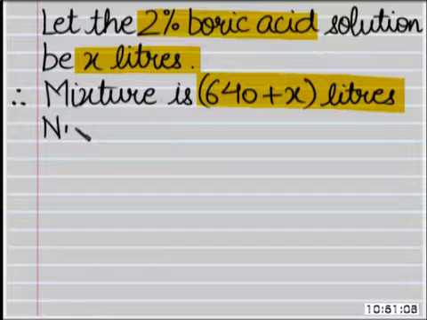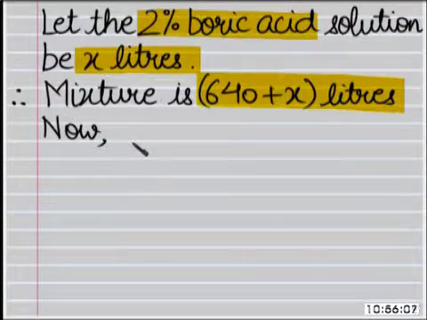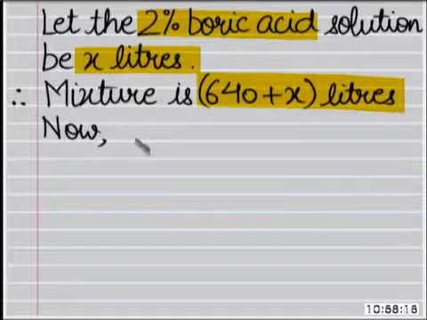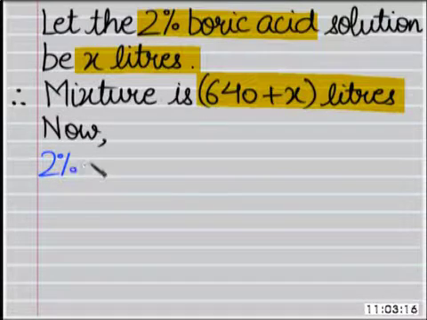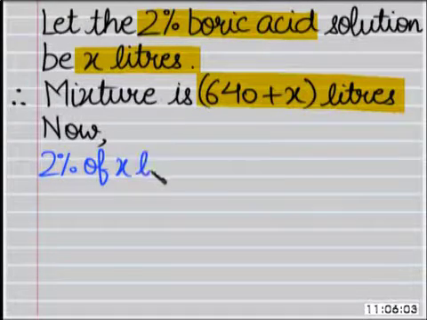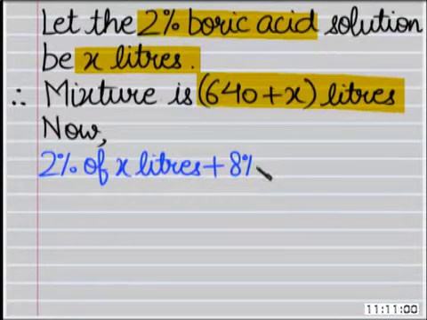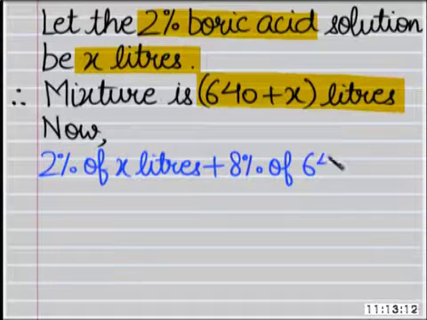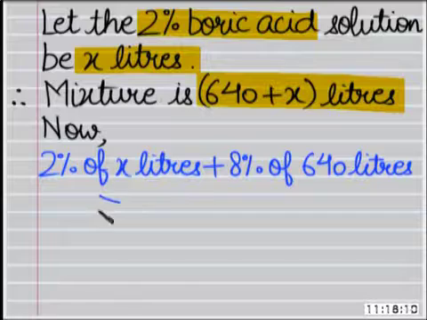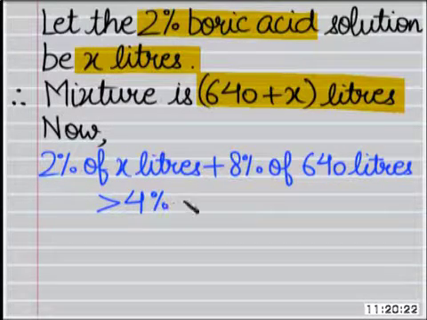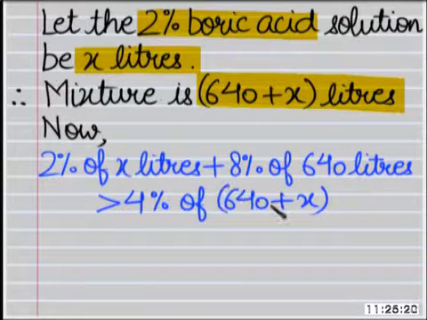Now, as it is given that the resulting mixture is to be more than 4%, so 2% of x liters plus 8% of 640 liters is greater than 4% of 640 plus x liters.